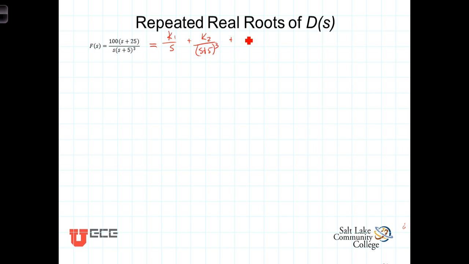But we also need to add in two more terms, k3 over (s plus 5) squared plus k4 over s plus 5 to the first power.